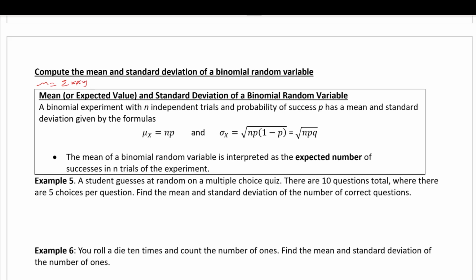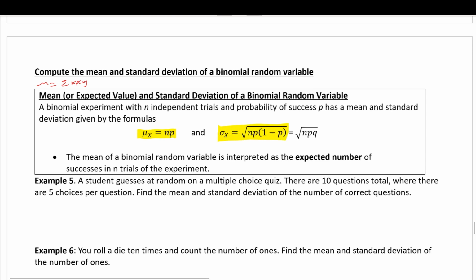If we have a table of values, you can do x times the probability of that value plus the next row, row by row. But if you know something is binomial, then calculating the mean and standard deviation is very, very easy. It's just n times p for the mean, and then the square root of n times p times 1 minus p would be the standard deviation.